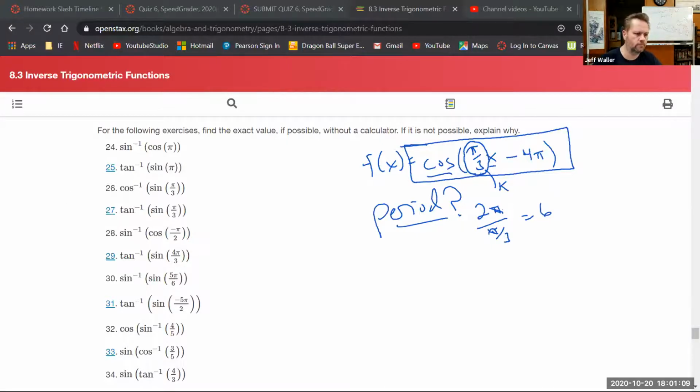Oh, okay, good. Yeah, it's that simple. Whatever that multiplier is, the period is affected by it oppositely. It doesn't get affected by pi over 3. It gets affected by dividing by pi over 3. We know it's the opposite when it's inside with the variable.